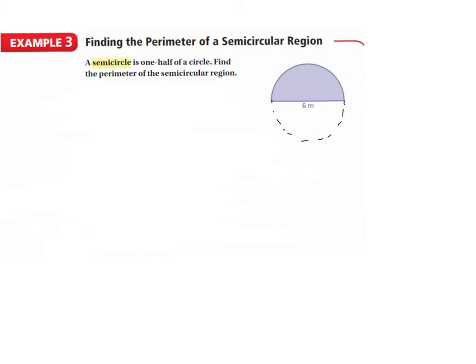Okay, so if I was trying to find the circumference or the perimeter of the whole circle, then I would just use circumference equals pi times diameter, right? And that would be all the way around the circle. But what I want is this part, which is halfway around the circle.